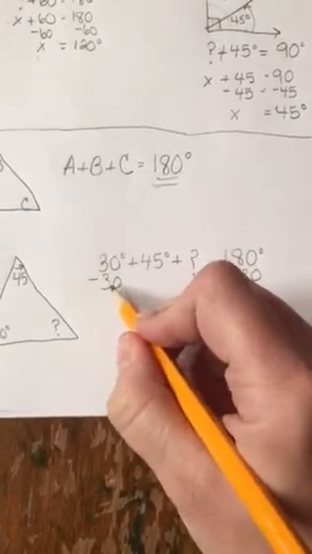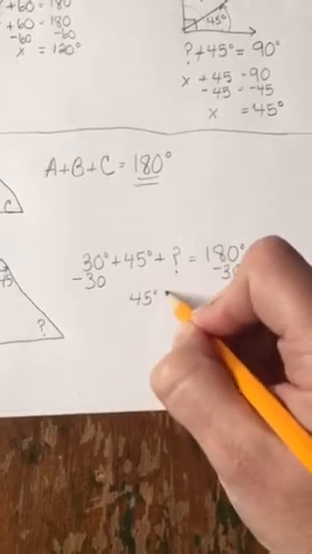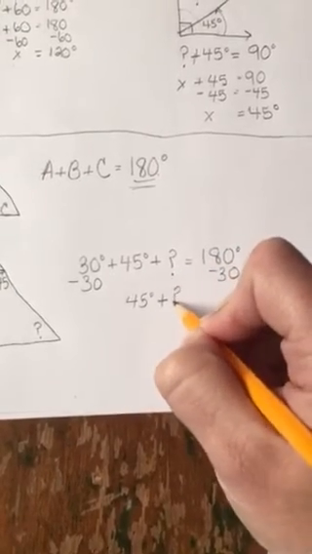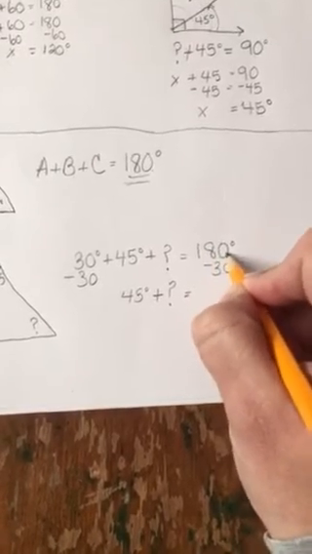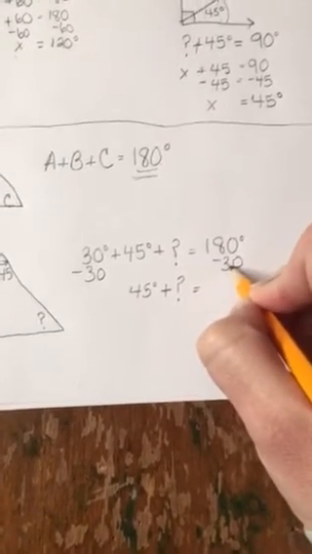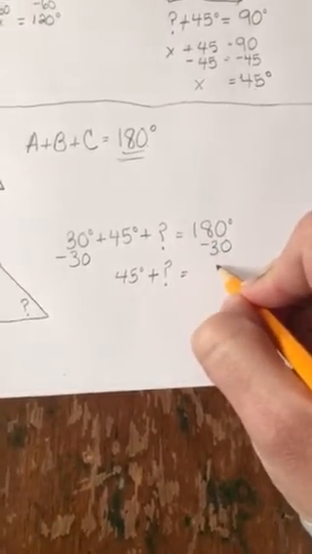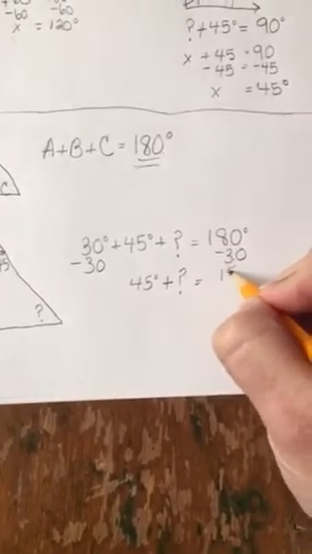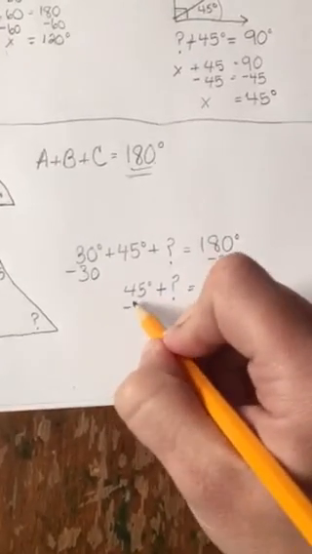So when I subtract 30 from 30, I get 0, so I'm left with 45 degrees plus question mark equals 180 degrees. If we subtract 30 from 180, we get 150.